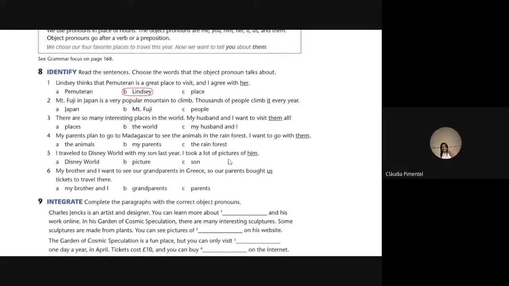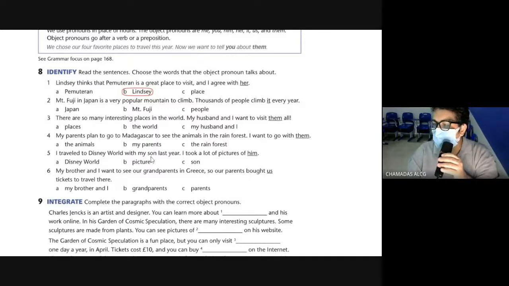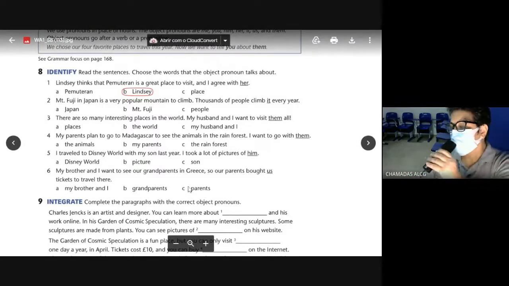Him. I'm referring to my son. So, letter C. I took a lot of pictures of my son. So, letter C. Okay?